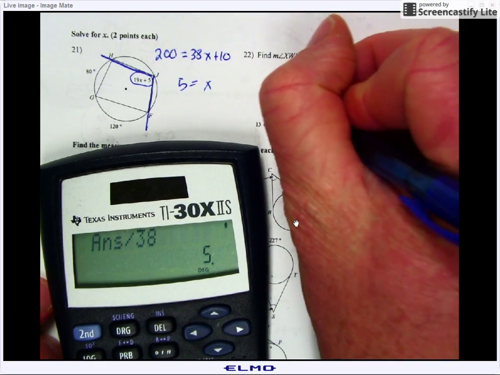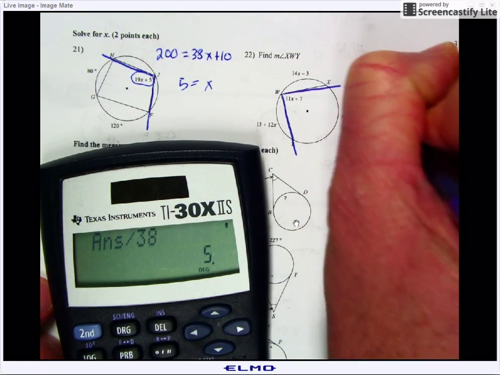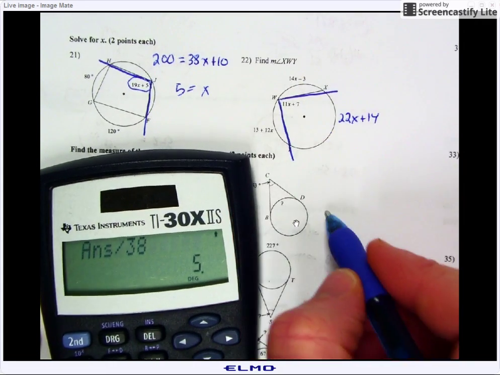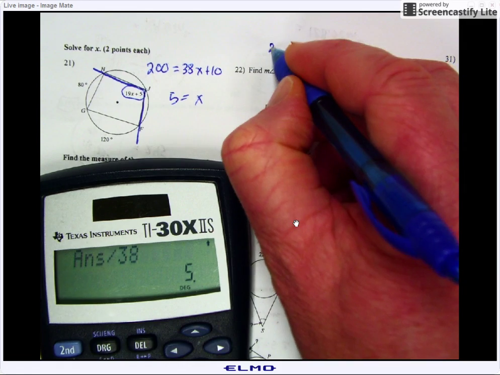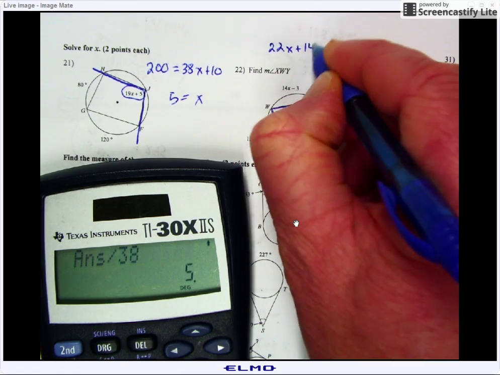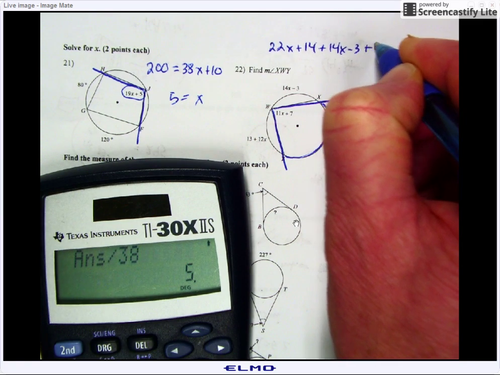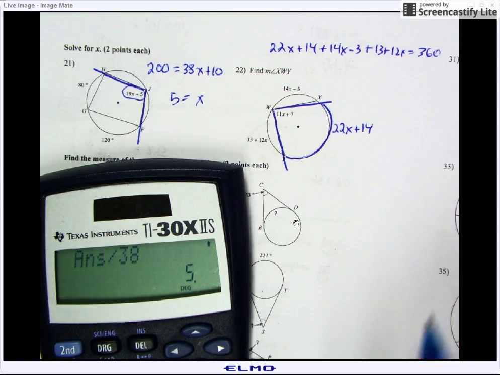Over here, trace the arc. This is double. And then these three together add up to 360. So 22x plus 14 plus 14x minus 3 plus 13 plus 12x equals 360.